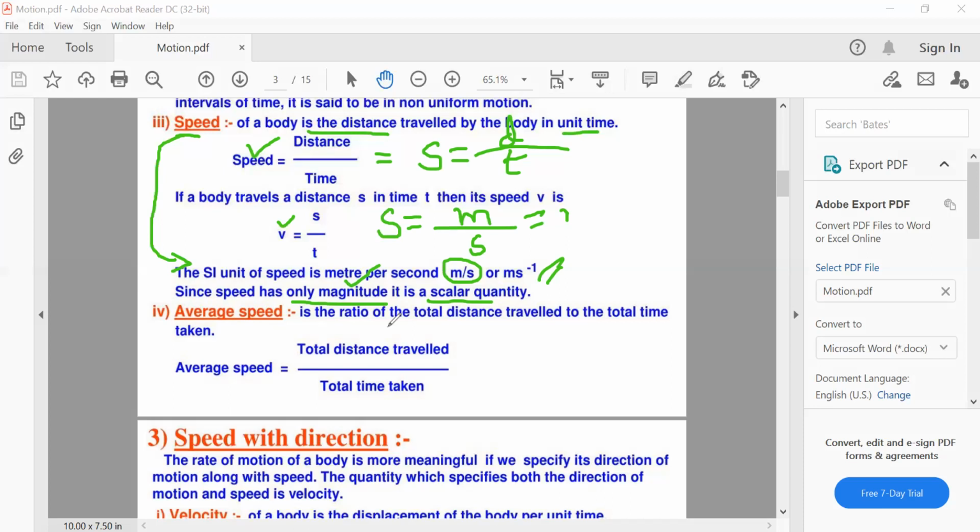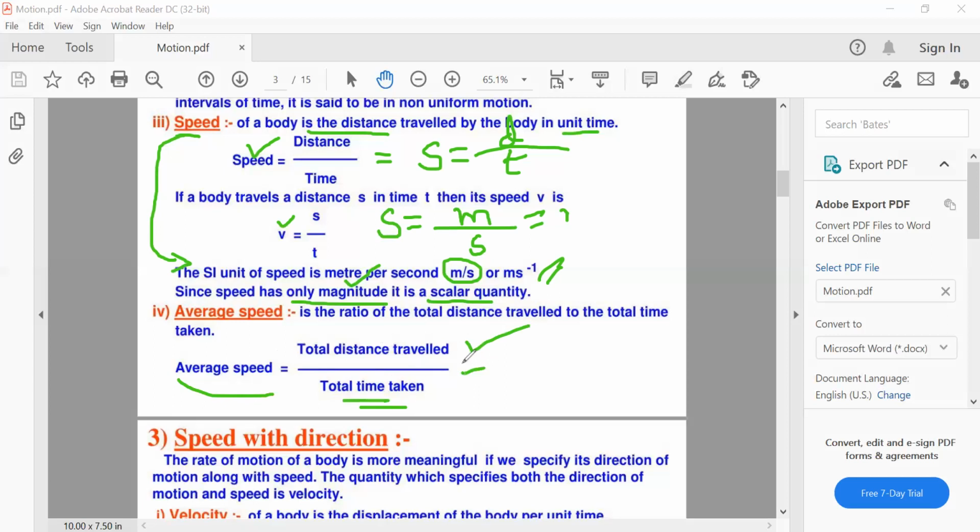By calculating the average speed, I can get to know how the bus traveled a particular distance in a particular interval of time. So average speed can be written as total distance traveled divided by total time taken, right?